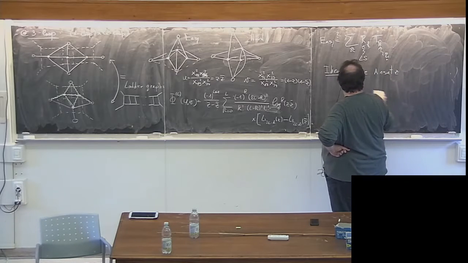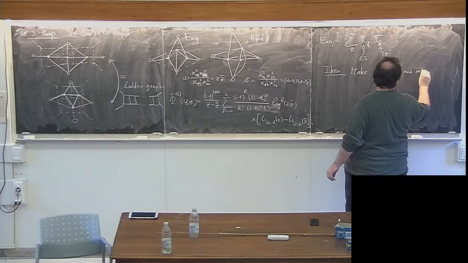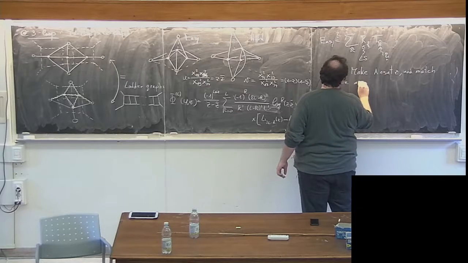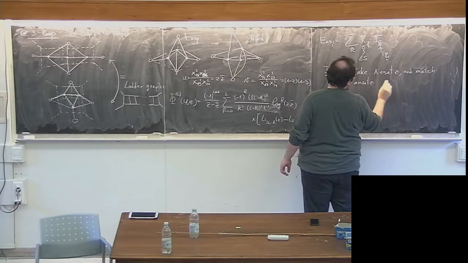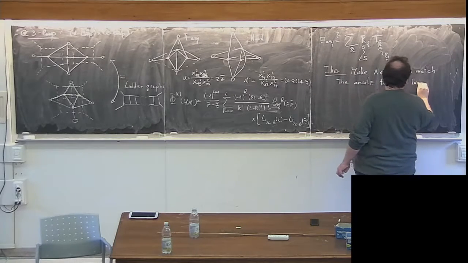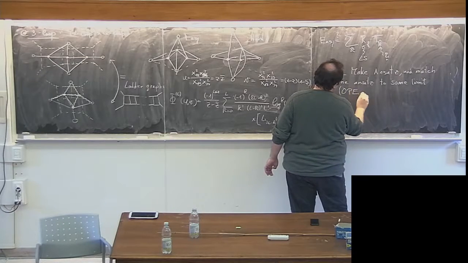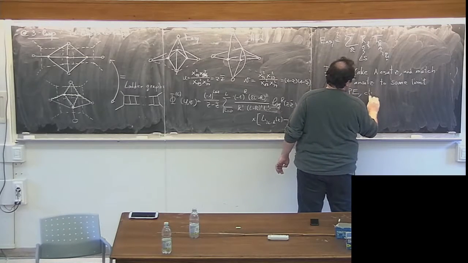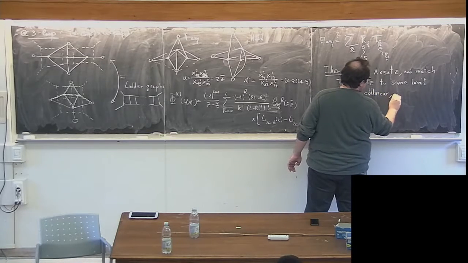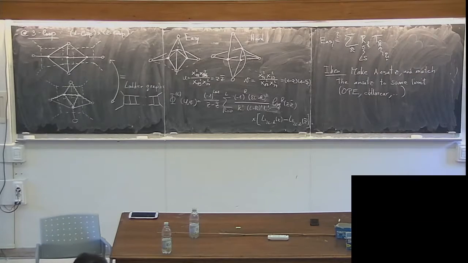Make an ansatz, and match the ansatz to some limit where you know how to compute, which could be the OPE expansion, collinear limits, or soft limits, or Regge limits, some limit in which you know the behavior of your amplitude or your integral.